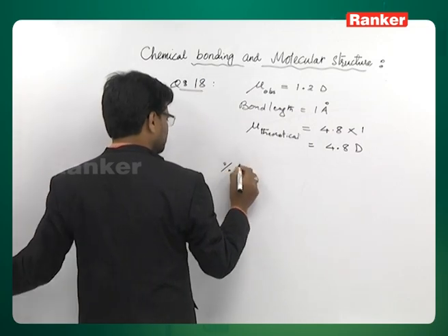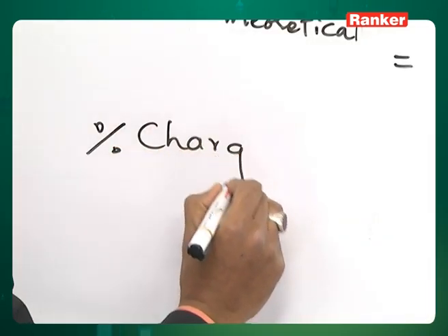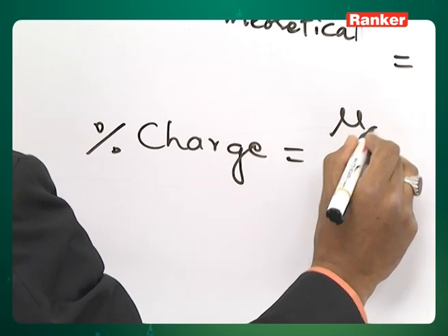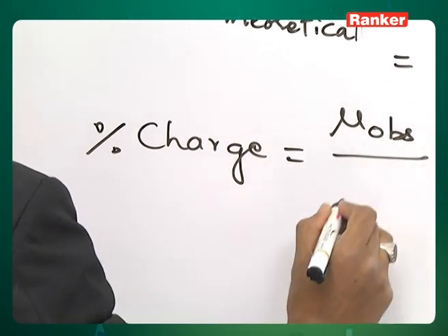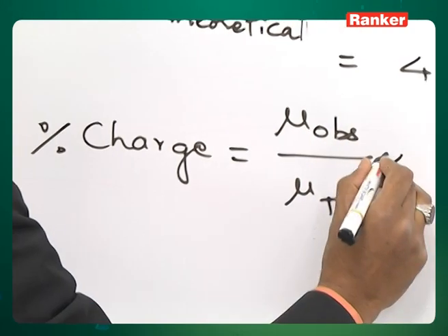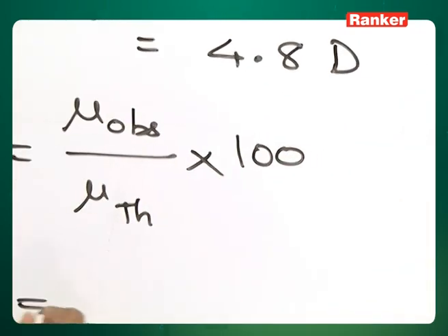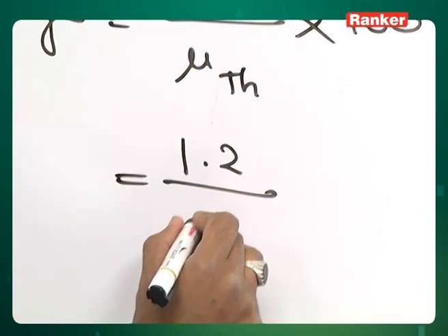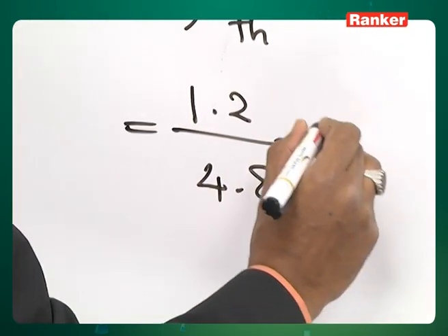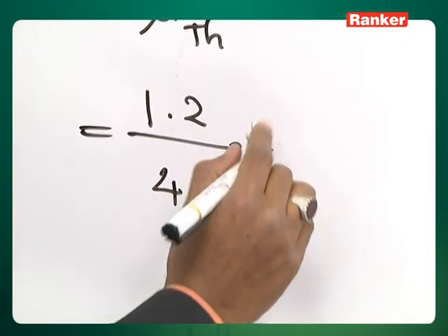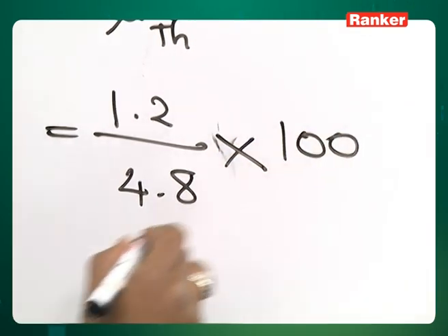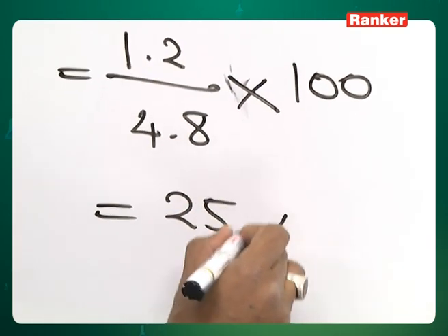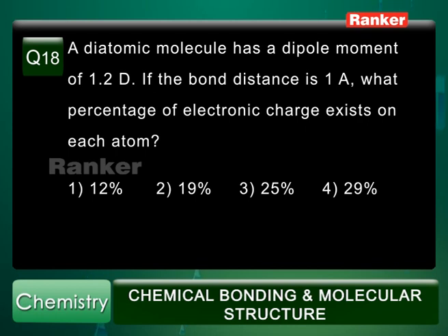Percentage charge is given by mu observed by mu theoretical into 100. So, that comes to 1.2 by 4.8 into 100, which comes to 25%. So, the correct answer is option 3, 25%.